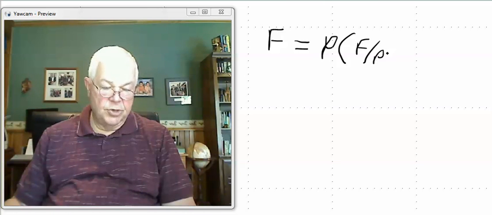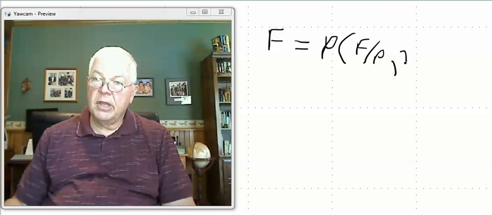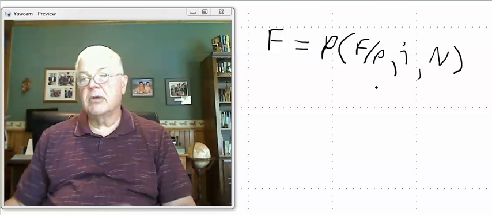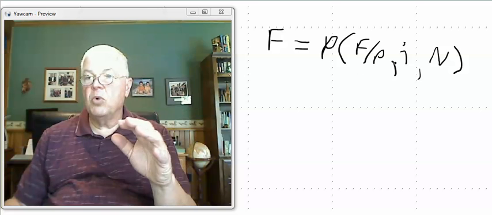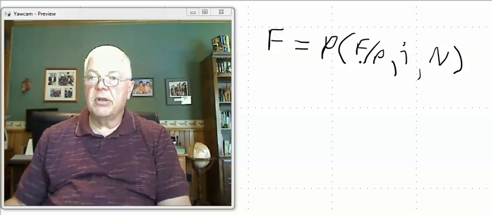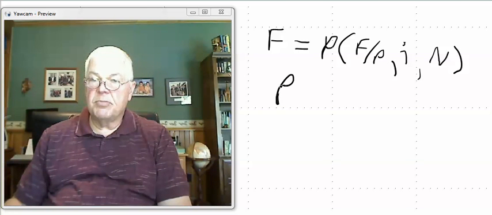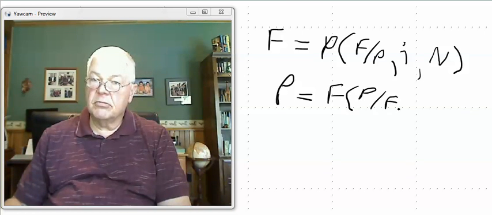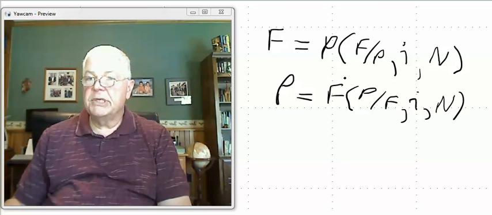So it's the ratio you're really calculating with the interest rate per time period and the number of periods. Now, as we look further and further, there may be more terms here, but this is the starting point. And of course, that means the present is equal to the future times the present divided by the future. Again, you need to know the interest rate and the number of time periods.